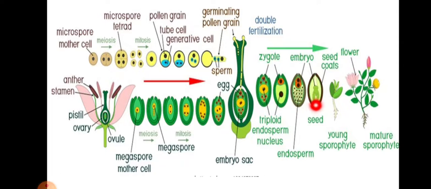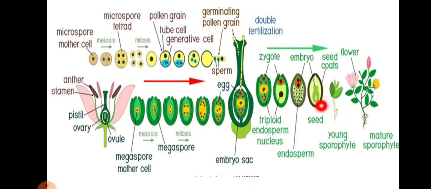And here you can see the seed. Okay, the seed is formed after fertilization. And then the outer covering is the seed coat. And the embryo is the baby plant, we can see the baby plant.